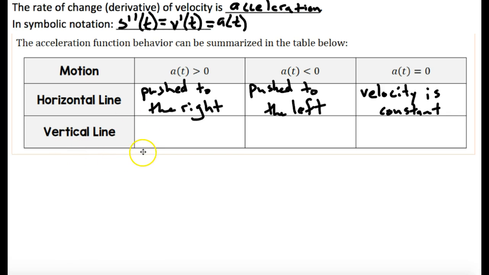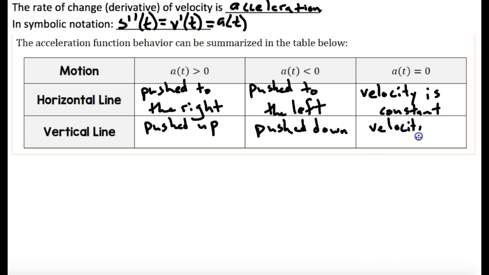Similarly, in a vertical line, and I think this one might be a little easier to visualize, if acceleration is positive, that means we are being pushed up. If acceleration is negative, we are being pushed down. And again, if acceleration is zero, velocity is constant.